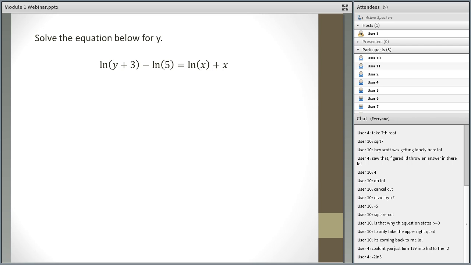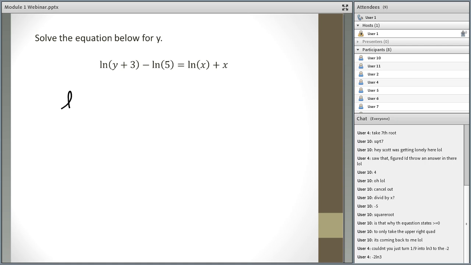So the issue here is it would be a little bit easier to solve if this x over here had a natural log with it, which it doesn't. So the easiest thing to do is to move all of the natural log terms to one side of the equal sign. So we could move the natural log x over to the left.